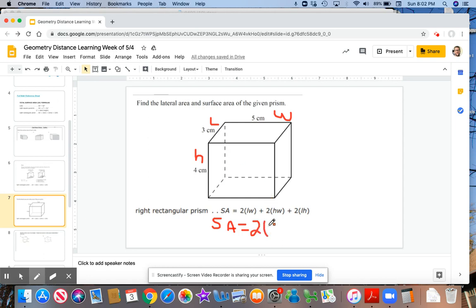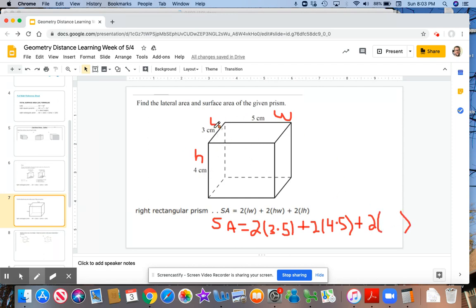Length, which is 3, and that dot means multiplication, and then the width is 5, plus 2 times the height, which is 4, times the width, which is 5, and then plus 2. The trick to make it easier is that you're going to have each one multiplied by the same thing.